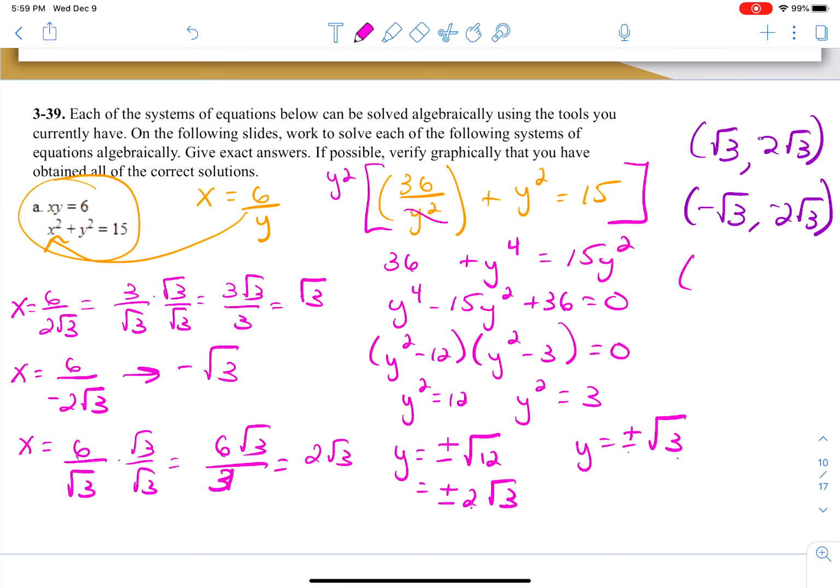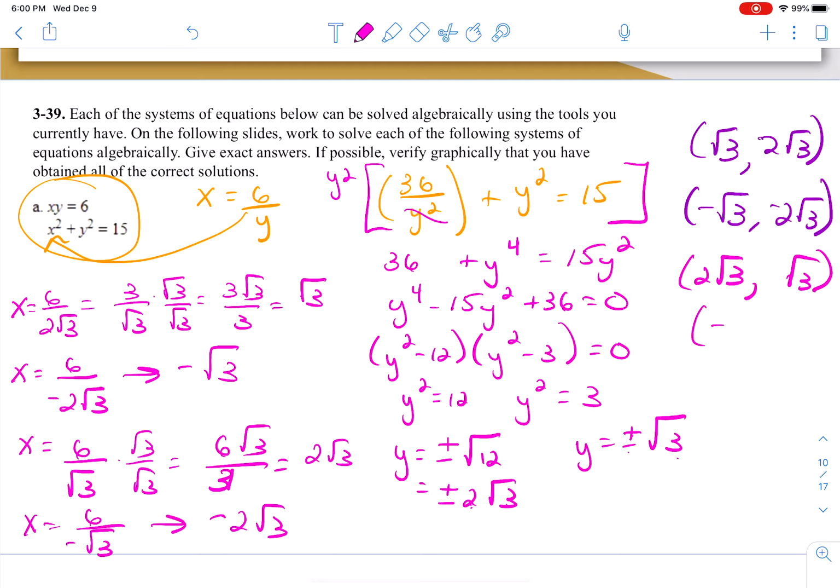So x is 2 square root of 3 when y is a positive square root of 3. And lastly, putting in a negative square root of 3 for y, I will be left with a negative 2 square root of 3. So again, I have 4 solutions to that system of equations.